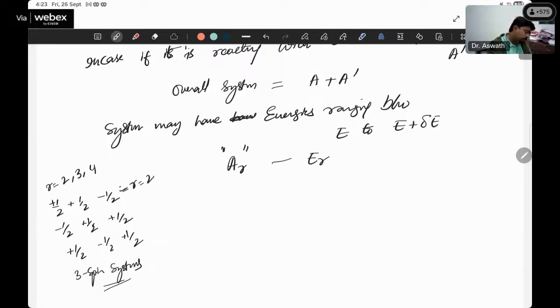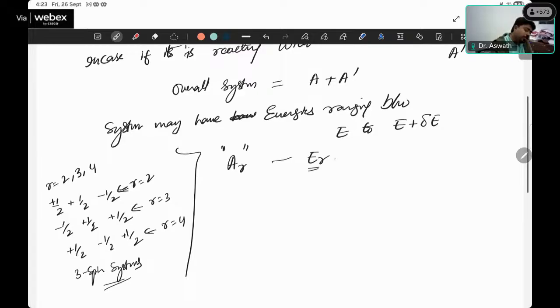R equal to 2 is here, R equal to 3 is here, R equal to 4 is here. For those three cases, the overall energy E_R is the same. We saw that. So the system can exist in this form or this form or this. It can exist in all three forms equally likely.